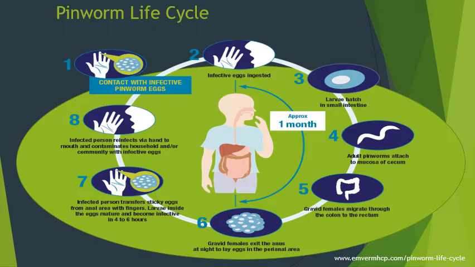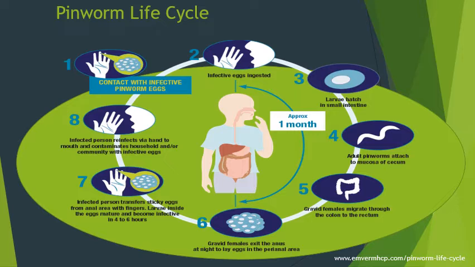Following the ingestion of infective eggs, the larvae hatch in the small intestine. The larvae contained inside the eggs develop and become infective in 4 to 6 hours under optimal conditions. The adult pinworms establish themselves in the mucosa of the cecum. The time from ingestion to ovipositioning by the adult females is about 1 month.